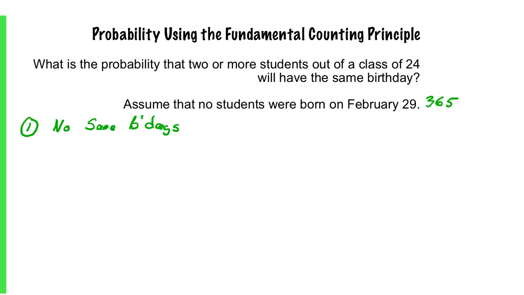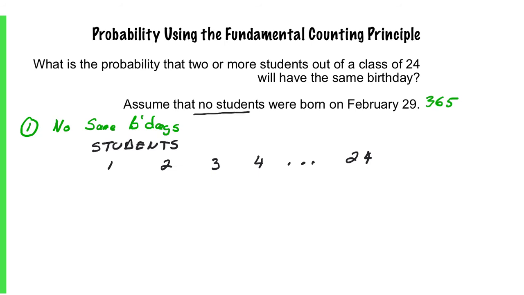All right, I'm going to make a little chart. So we have students. And we have 24 students in the class. So 1, 2, 3, 4, way down to 24. Now, the odds of no students having the same birthday.